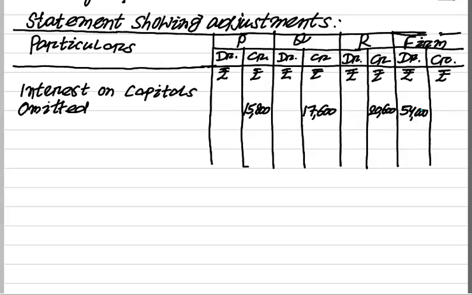This became a loss for the firm because we left the appropriation. Now we are providing for this, so we can write down loss for the above.